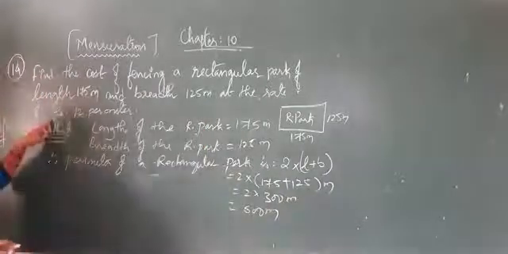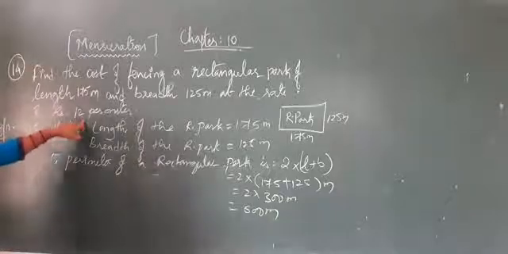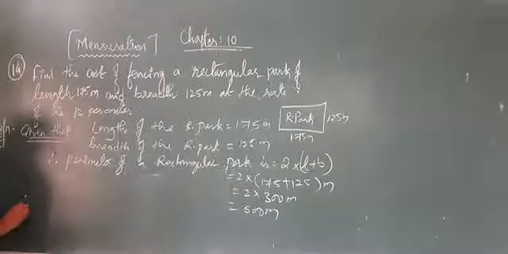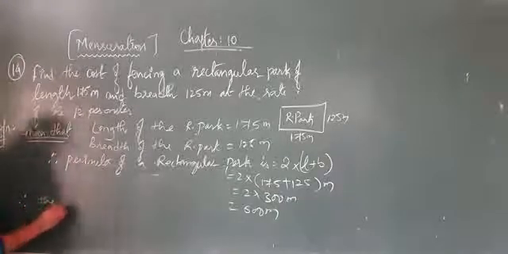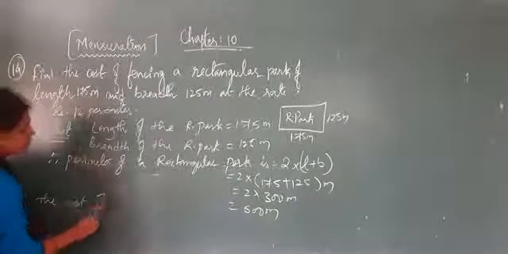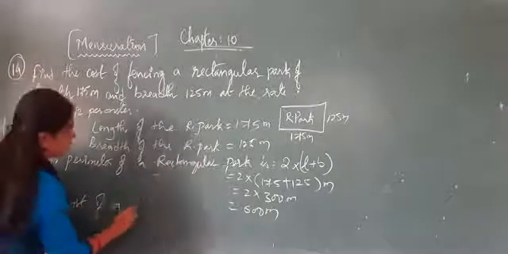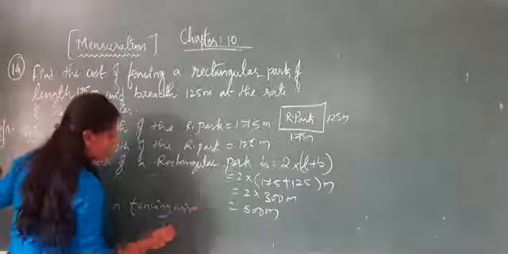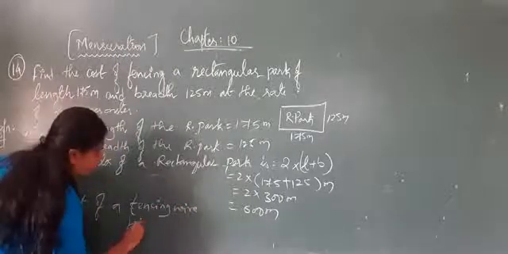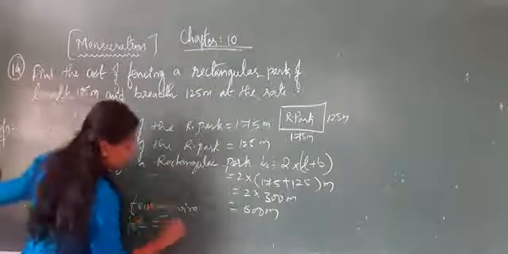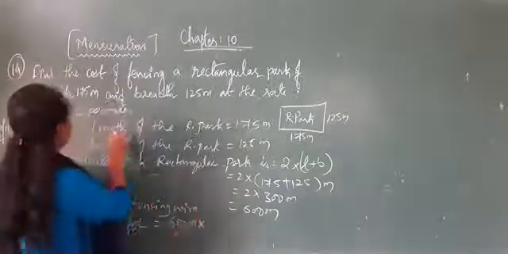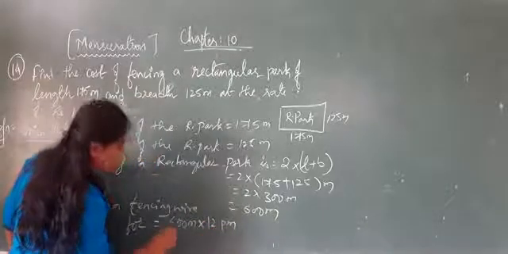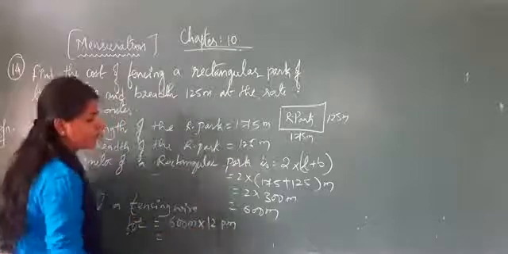And what do you have to find out next? Per meter is 12 rupees, right? So for 600 meter, how much amount? Therefore, the cost of fencing wire for 600 meter: 600 meter into 12 rupees per meter is given.